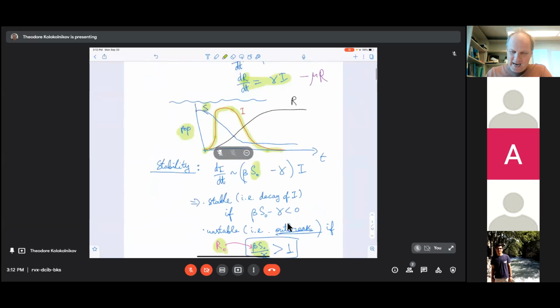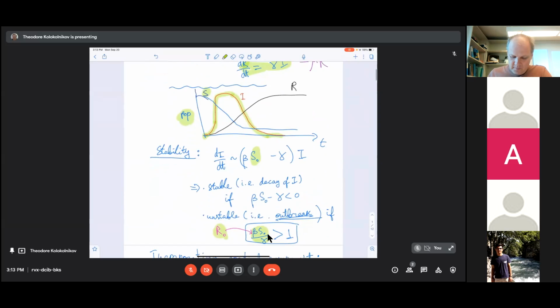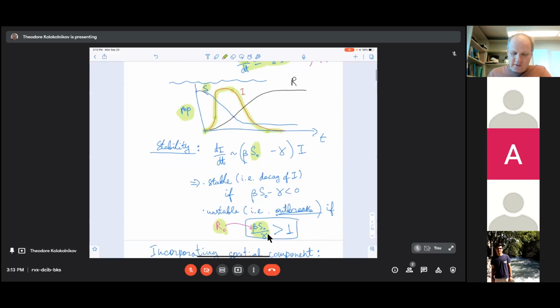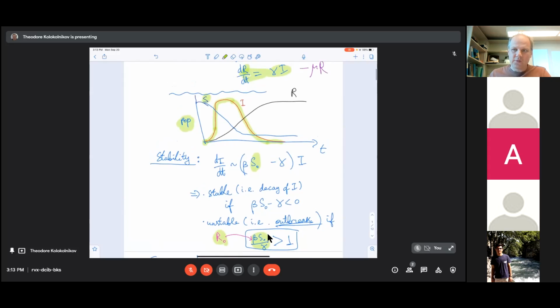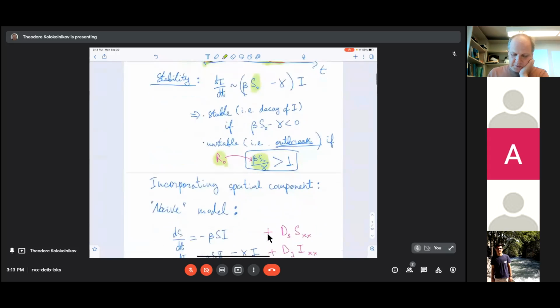And if you think of it that way, then actually R0 here already has spatial information. This reproduction number depends, and in fact scales linearly, with the number of susceptibles S0. But yeah, we want to see what's the effect of the movement of the population, how we can incorporate the motion of the population.